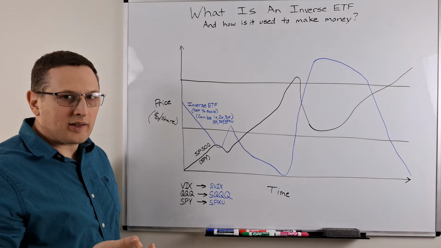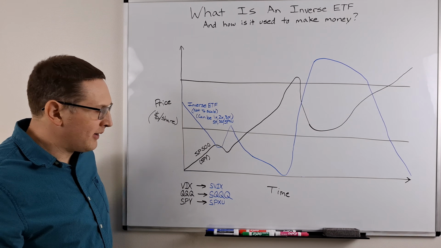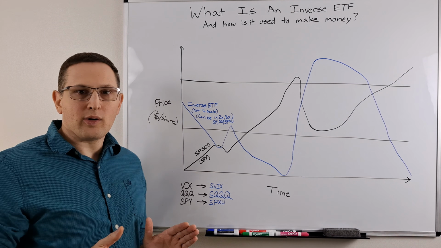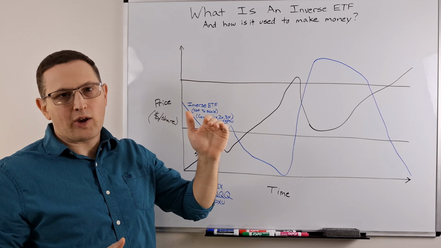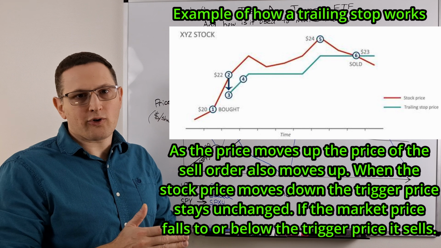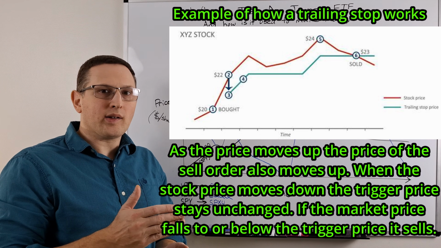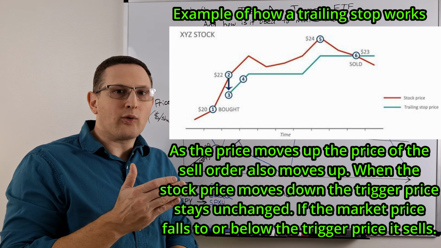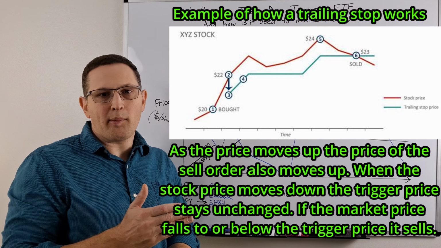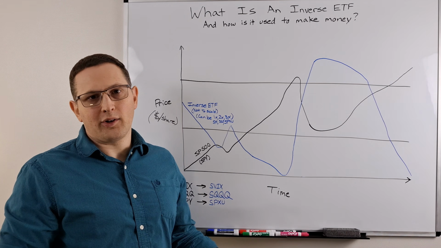One of the things I like to use with these inverse ETFs, being that I know it's going to move in one direction and it might pull back a little bit, but it's not going to be huge, I really like to put trailing stop orders on this, especially for the sell side, because I know when it starts to move down, it moves down quickly. And if I'm not at my computer, I'll miss it, and I have a day job, so I'm not going to watch stocks all day.